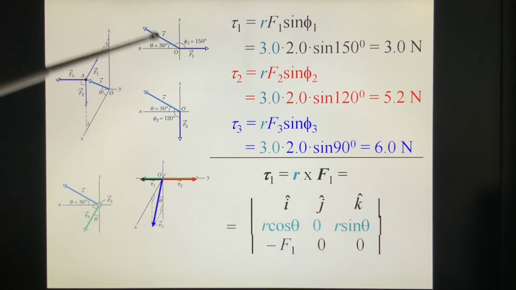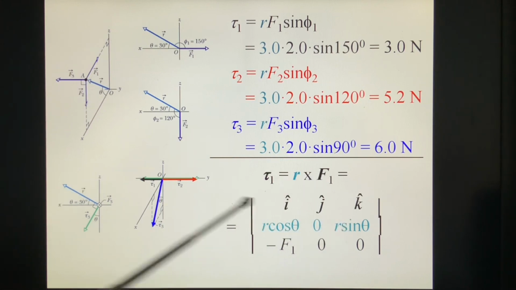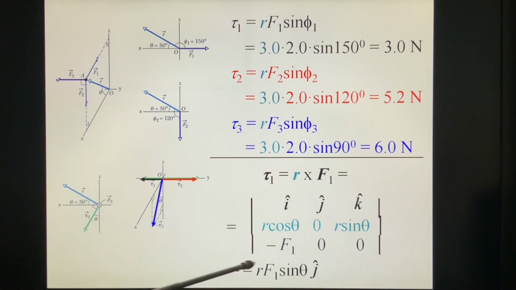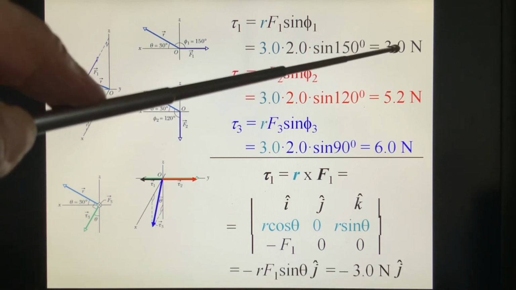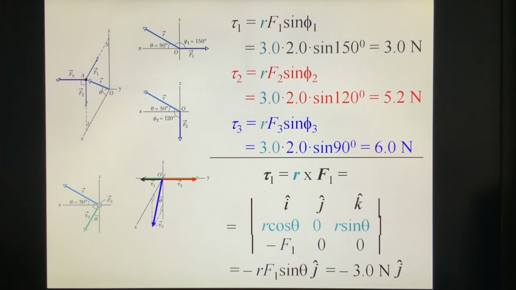For example, in this case, Rx is R cosine theta, Ry is 0, Rz is R sine theta. Look at F1: it is minus F in x, 0, 0. If you expand this matrix, you get minus F R sine theta j, which equals minus 3.0 Newton meter j, exactly equal to this result.